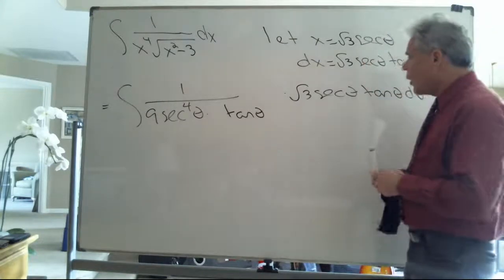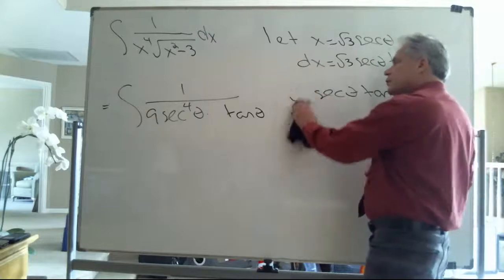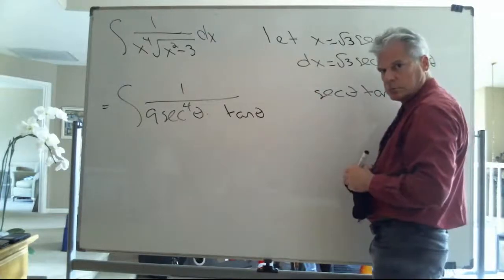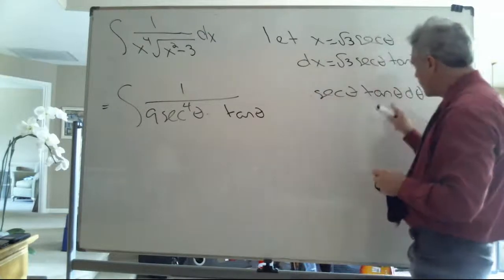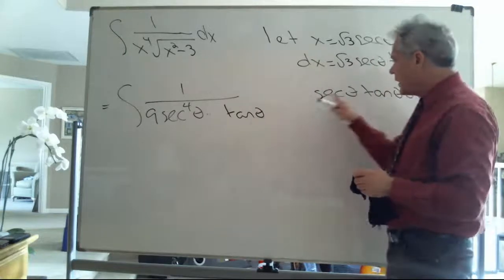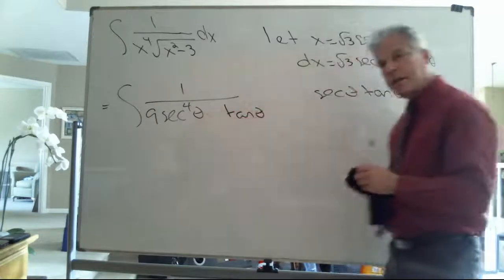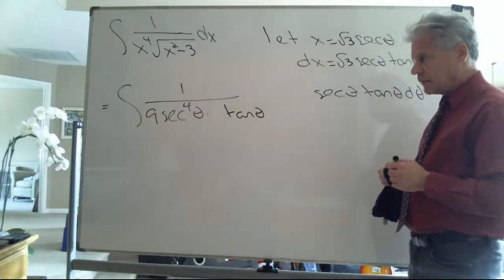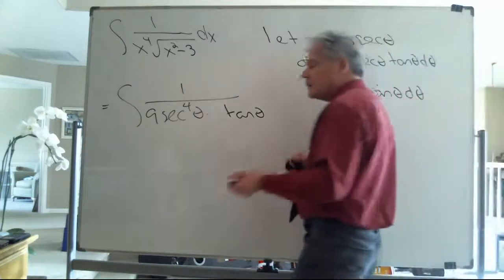Next. Well, like I said, I canceled those 2 root 3s, so that one's gone. I can cancel these two, and I can cancel a single factor secant of theta upstairs and downstairs. And I think that's going to leave me with this.